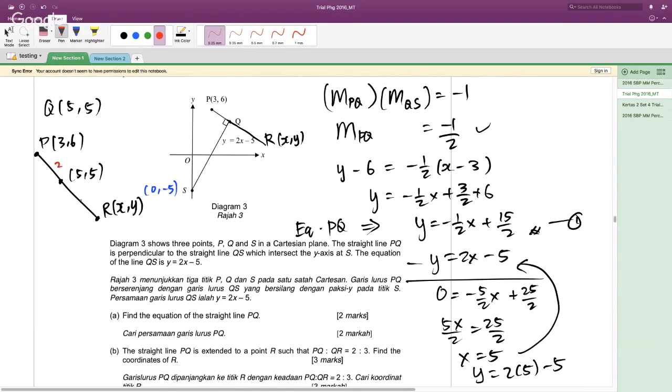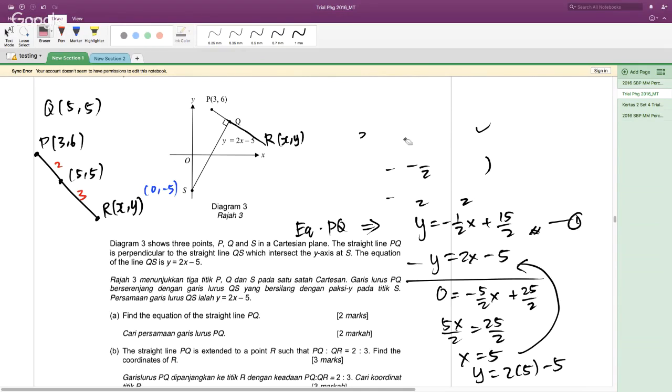But then we have the ratio 2 and 3. So I will use the ratio formula to solve this one. If you understand the ratio formula, this one should be very easy to do. Just do the substitution only. Each coordinate is multiplied by the further ratio, so x cannot multiply with 3, and 3 cannot multiply with 2.